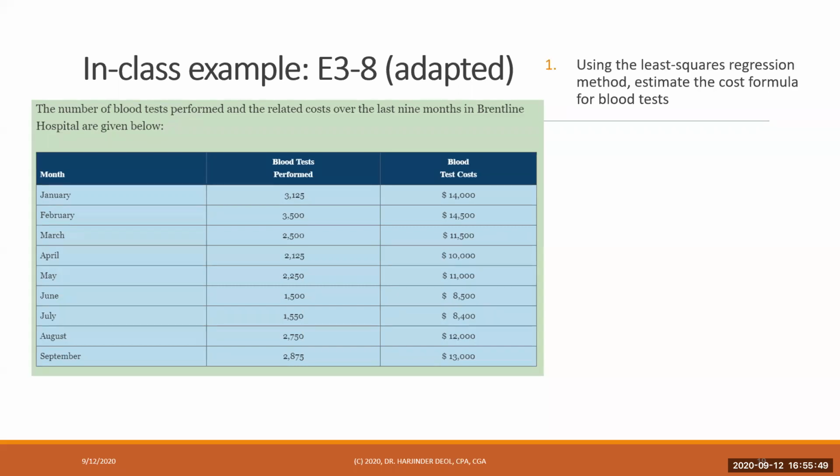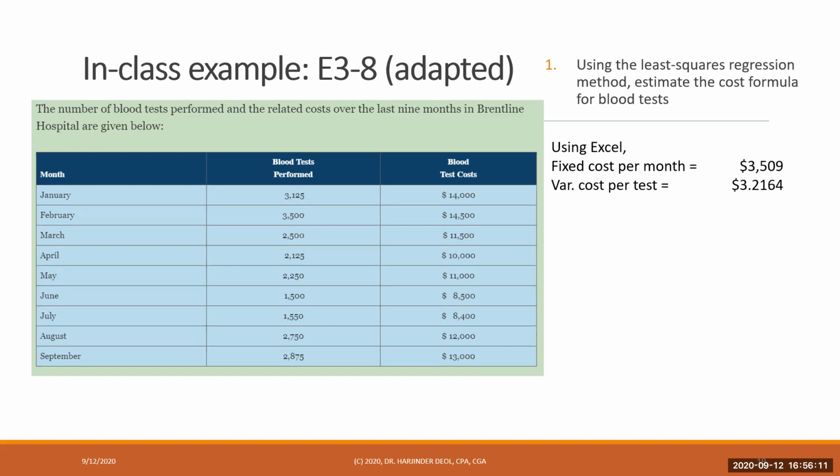So using Excel and the least squares regression method, if we were to estimate the cost formula for the blood tests, we will have gotten a result of fixed cost per month, the intercept, of $3,509.